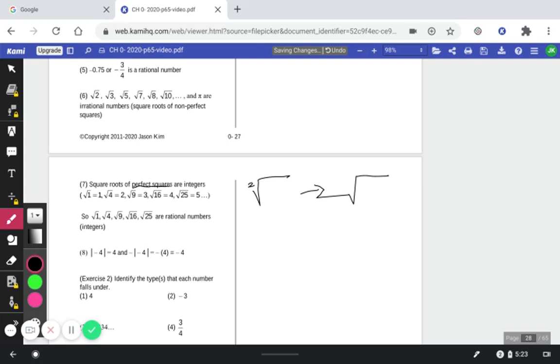So the square root of 1 is always 1. Square root of 4 is 2. Square root of 9 is 3. Square root of 16 is 4. Square root of 25 is 5. So when you have a perfect square, it can be turned into an integer. So square root of 1, 4, 9, 16, 25, all these numbers are rational numbers because they turn into integers.